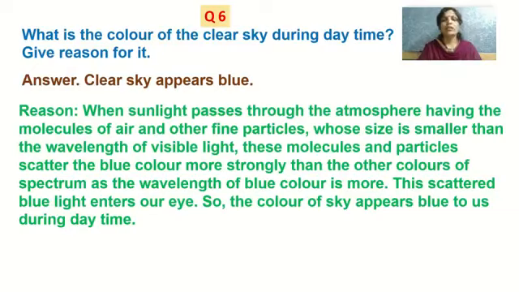This is because the wavelength of blue color is shorter. This scattered blue light enters into our eye, and therefore the sky appears blue to us during the daytime. You can write this answer according to your understanding, and you can get credit of 2 full marks for this.